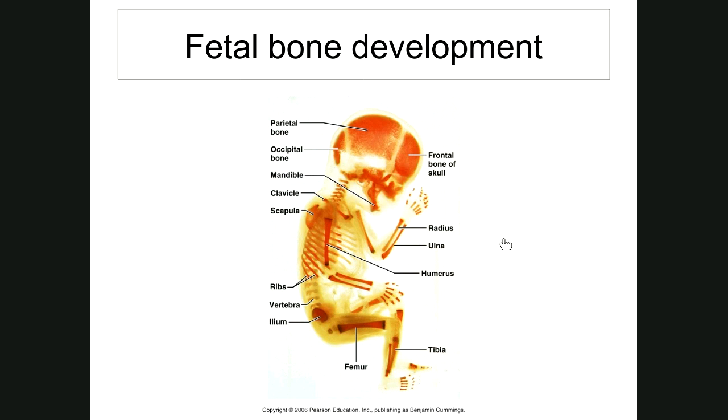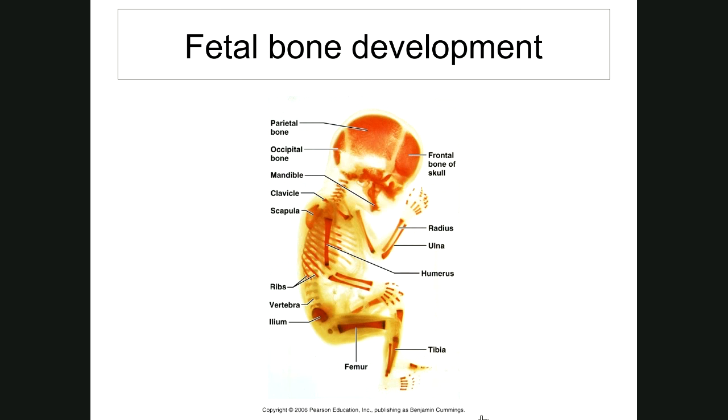Minerals may be removed from bone to meet the needs of the body. When you need calcium and phosphates, they're going to be removed from the bone. When you have plenty in your circulatory system, they're going to be added to your skeletal system. Osteoclasts perform the job of removing minerals from the bone, and osteoblasts perform the process of depositing minerals into the bone.